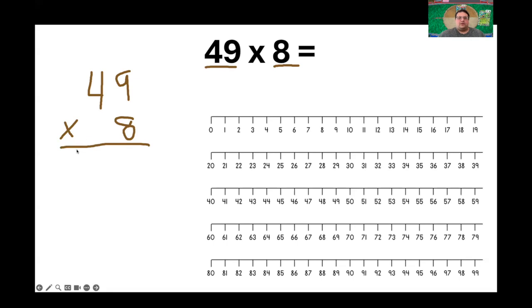Let's do it. What's the first thing that we want to do? We're working on our 8 times tables. 8 times 9.